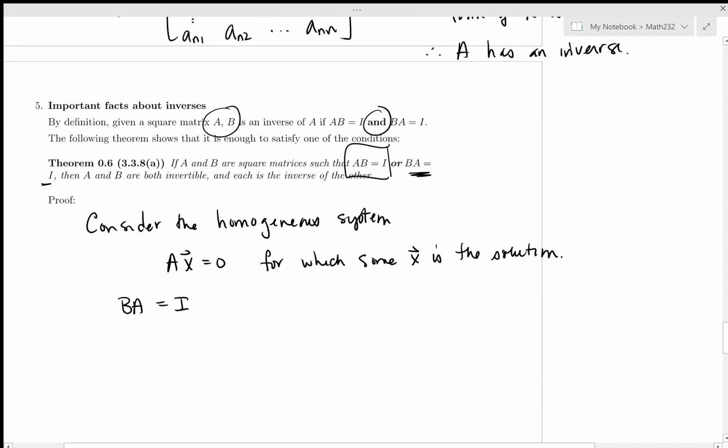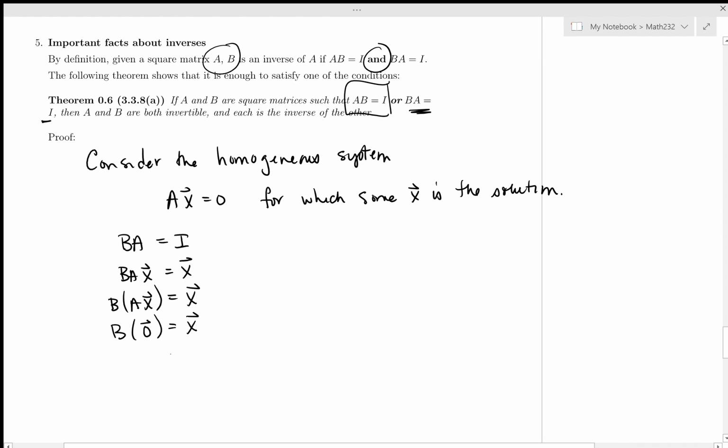I'm going to take that, BA equals I, and multiply on the right by X on both sides, and then associate this way. That would mean that this is 0, and that is X. And the only solution is the trivial solution.